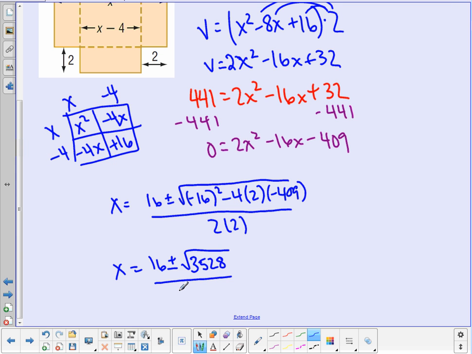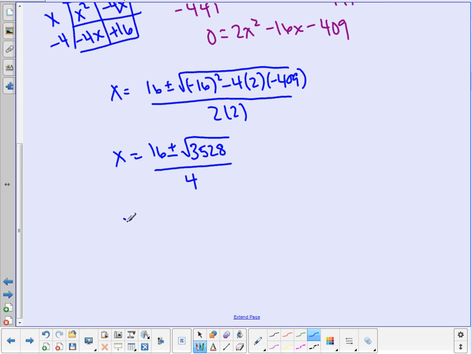And you can go ahead and check all of this on your calculator too to make sure that you're entering things in correctly. In fact, you should be doing that. You need to make sure that you're using your calculator in the right way. If I keep going here, the square root of that is about 59.4, all over 4.